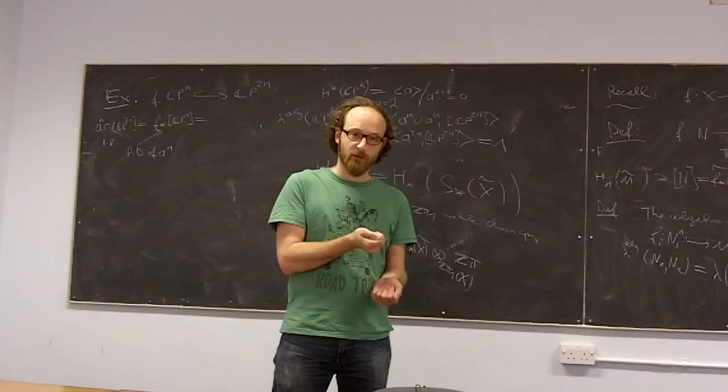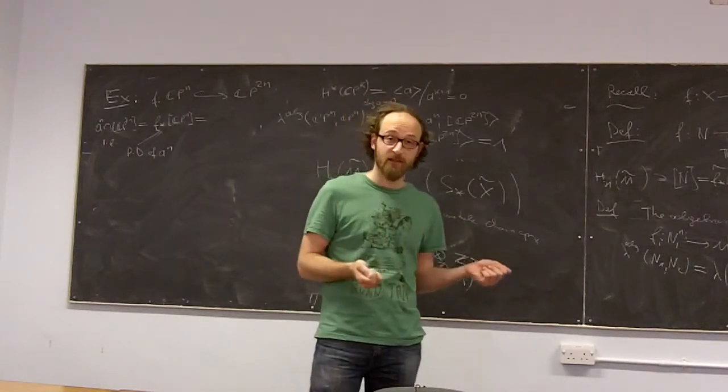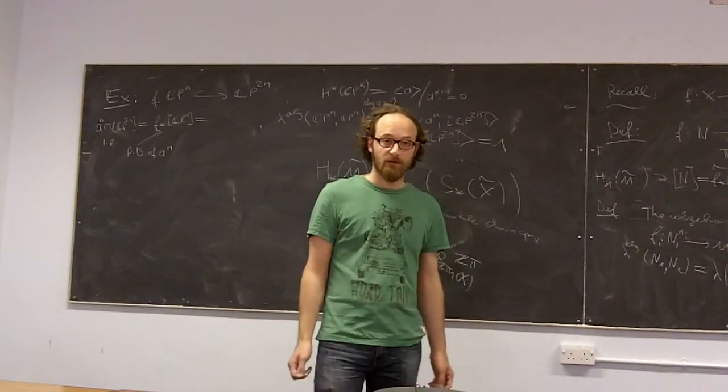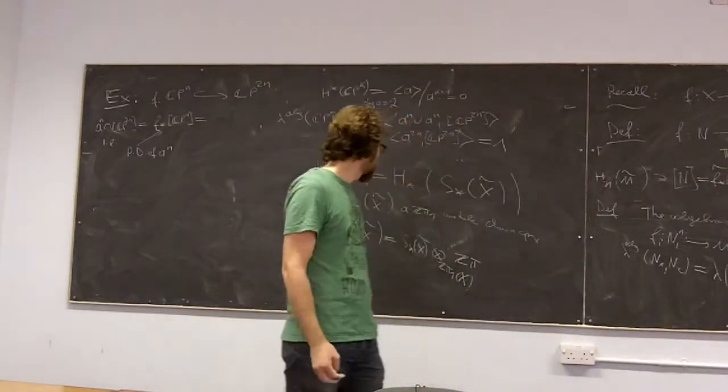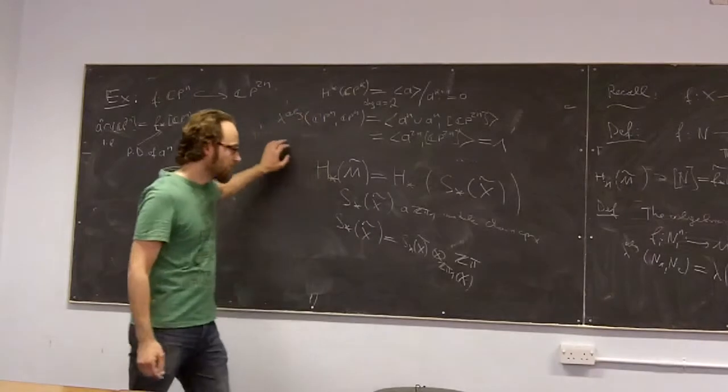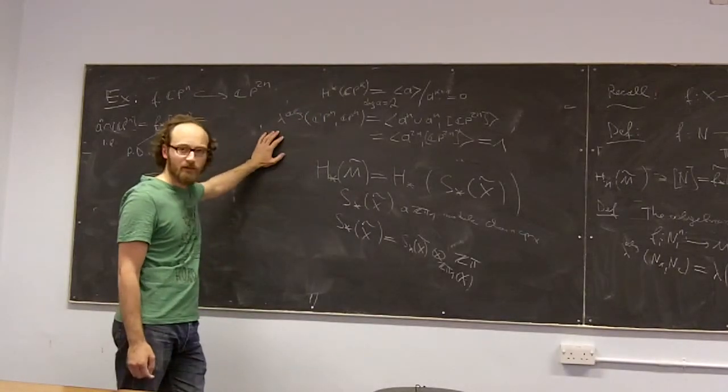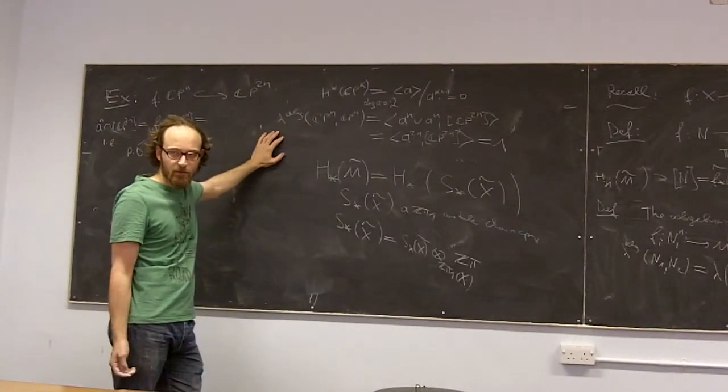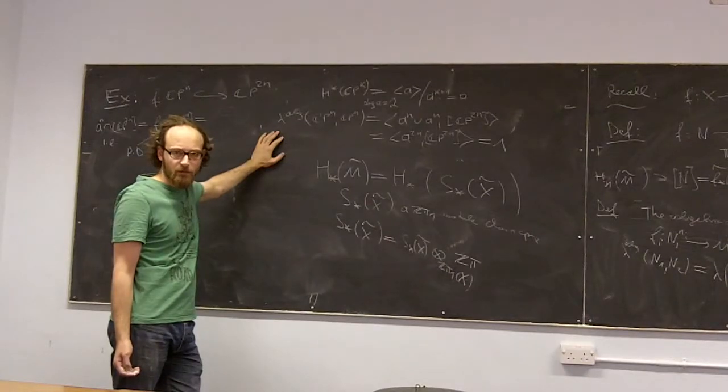So what actually happens in the universal cover is you get Z pi 1 cells. I'm not sure about the notation now, but does this make sense? So when you define algebraic intersection, you're basically thinking about lifting to the universal cover.